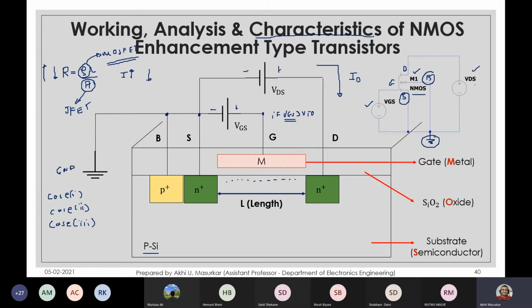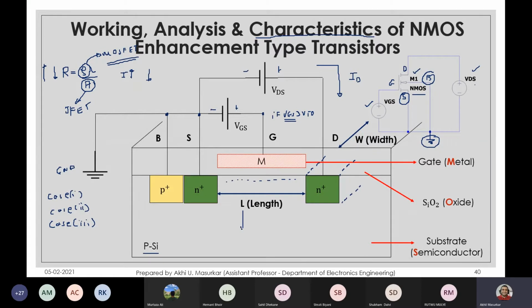Before going to the next part, the region between drain and source defines the length of the channel, and the extension of this structure behind defines the width. So we have length and we have width.